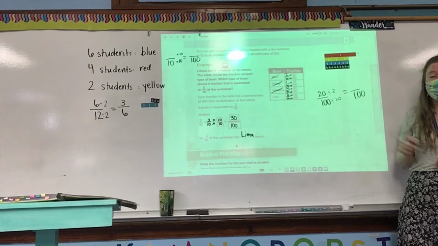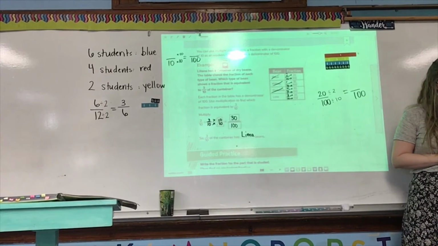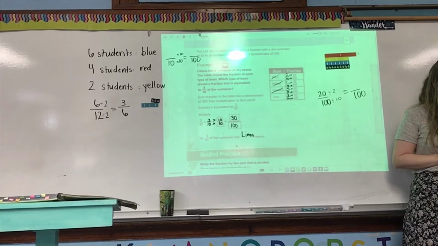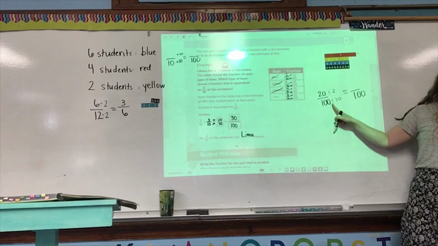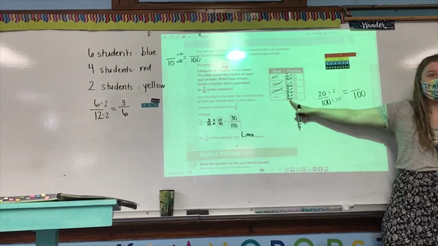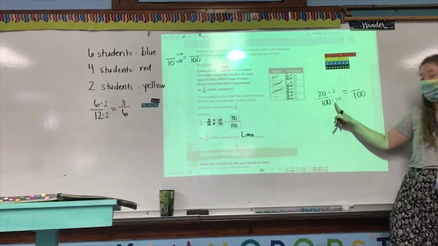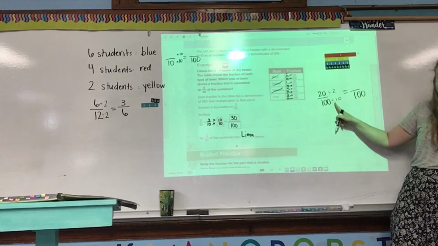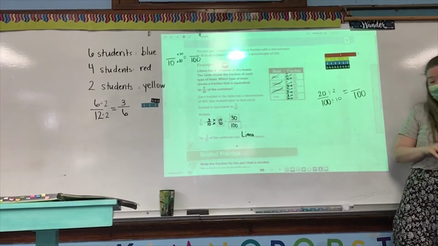So if I multiply the numerator and the denominator by the same number, I also have to divide the numerator and the denominator by the same number. I either have to multiply or divide the numerator and denominator by the same number. Are these the same number, Carla? No. So can I do that? No.